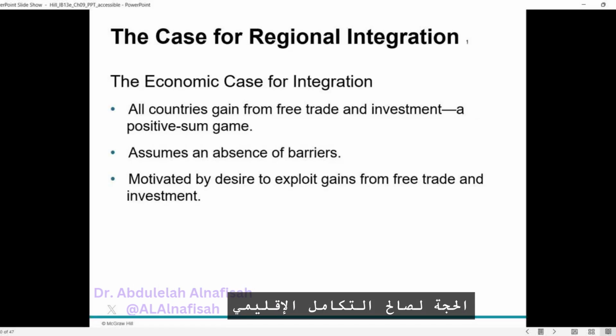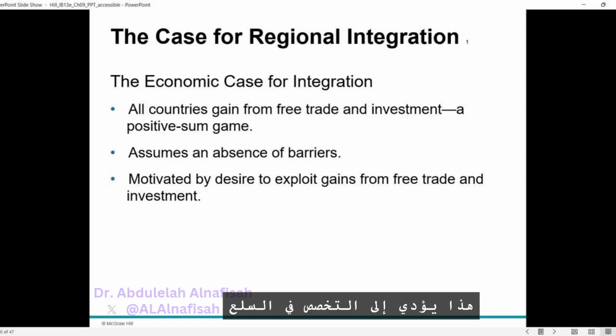The case for regional integration is supported by both economic and political arguments, but is often met with domestic resistance, leading to contentious and slow progress. Economically, regional integration allows countries to leverage international trade theories that advocate for unrestricted free trade.